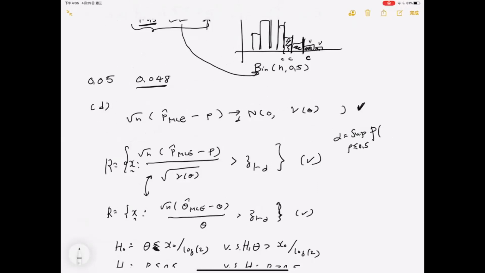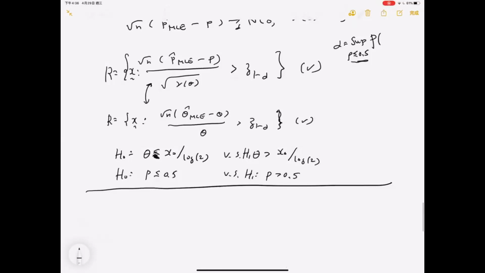Then the supremum still has a boundary, right? Let me write it down right here. Even though it's an asymptotic test, you still write the supremum over P smaller than 0.5 of the probability of your critical region: P hat MLE minus P divided by square root of V theta bigger than Z 1 minus alpha.